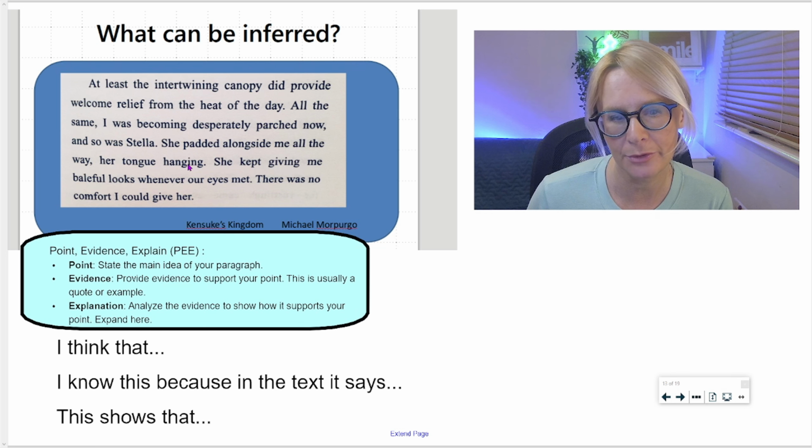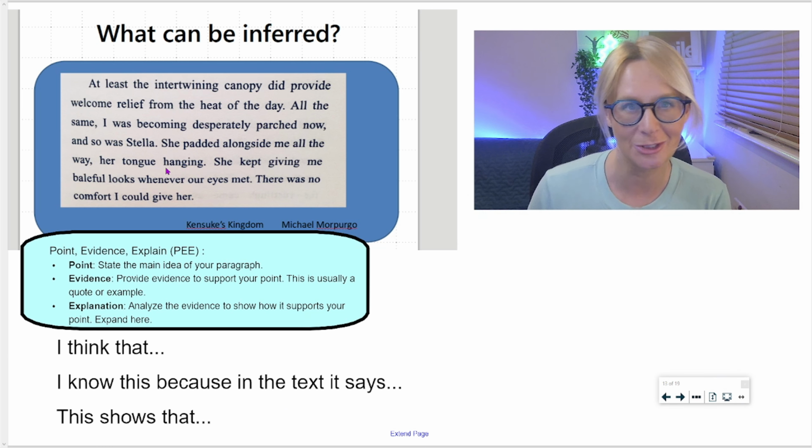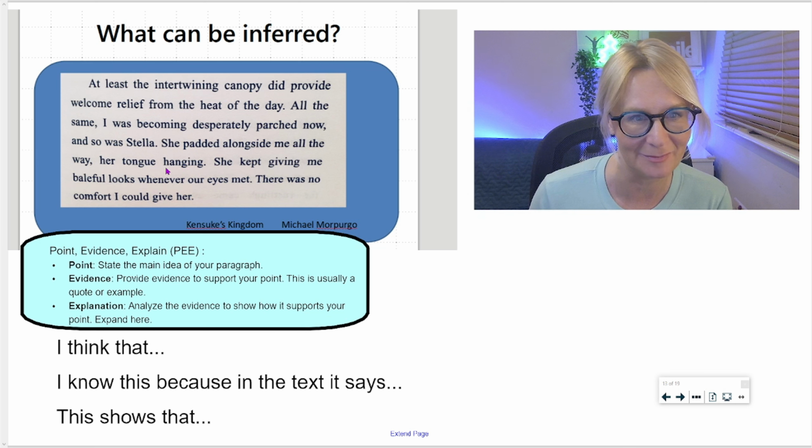So we could possibly infer here that she's some kind of animal. What animal has their tongue hanging out? Well, when they're thirsty, because they're walking around in the heat of the day in a rainforest, a dog would pant, wouldn't it? She kept giving me baleful looks whenever our eyes met, and dogs do look at their owners.